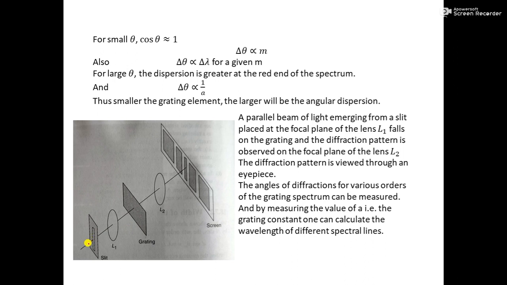The light from the slit, placed on the focal plane of L1, crosses the lens L1 and falls on the grating element, and the diffraction pattern is observed on the screen placed at the focal plane of L2, and viewed through an eyepiece. The angle of diffraction for various orders of grating spectrum can be measured, and by knowing the value of A, that is the grating constant, one can calculate the wavelength of different spectral lines.